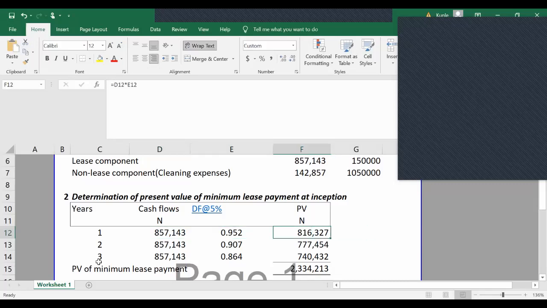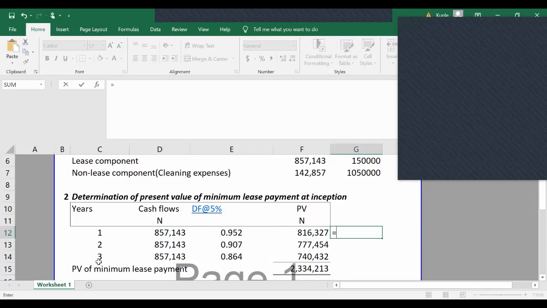Now we have to calculate this. Remember, the formula for the present value is 1 over (1 plus R) raised to power n, where R is our discount factor. So we can simply work this out.